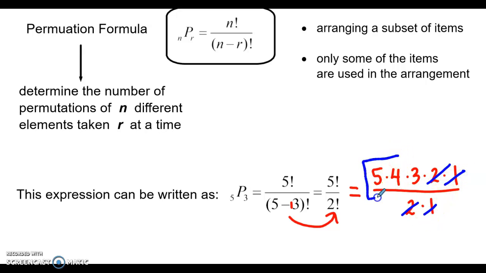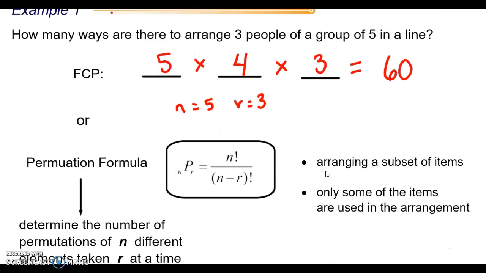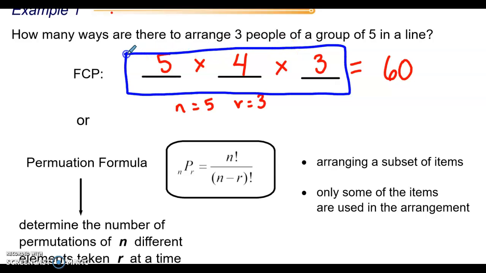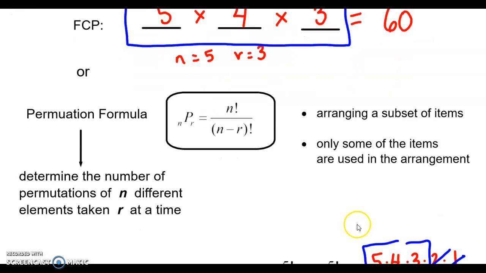And we are left with 5 times 4 times 3, which if we compare back to the fundamental counting principle, we ended up with the same. So the formula may look a little different, and we will be using this formula quite a bit.